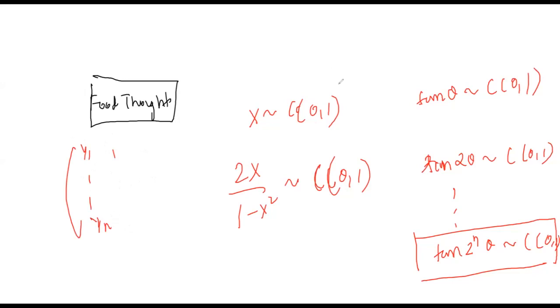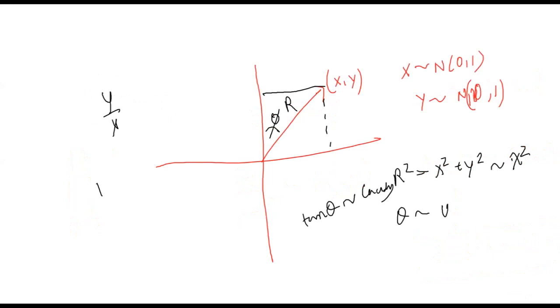Similarly, there's a relationship for Cauchy. So the takeaway of today's video is that this is the connection between normal, Cauchy, chi-square and uniform. That is the most important thing that you should learn from this video, and never forget in your life.